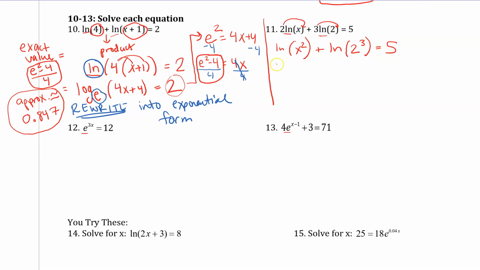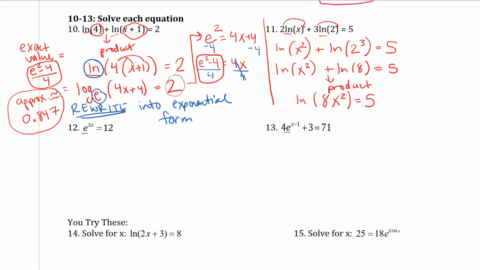Okay, so then that equals the natural log of x squared plus the natural log of 8. And then because of this addition, I can use the product property to go ahead and multiply the 8 and the x squared together. So now I have the natural log of 8x squared equals 5.